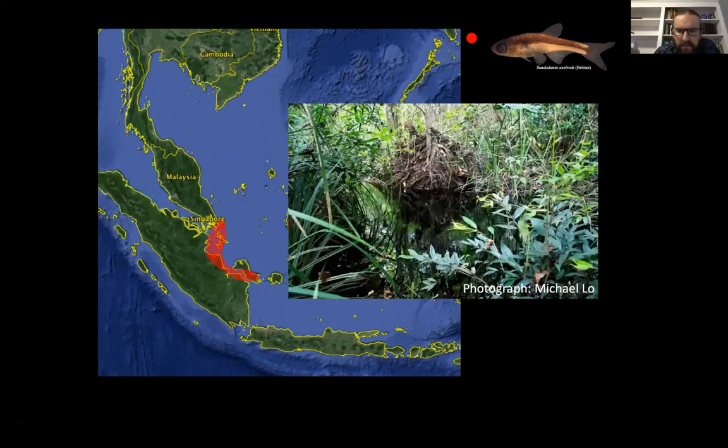These are incredible habitats for a number of reasons, but they have a very low pH, and I'm sure that Lucas Ruber has already told you all about these habitats, so I don't need to cover this ground.